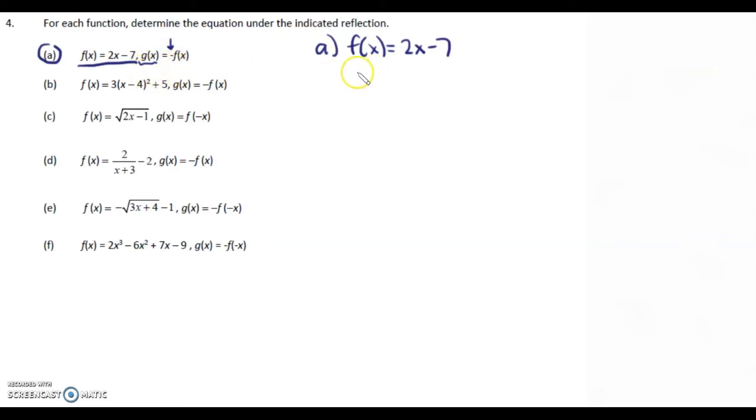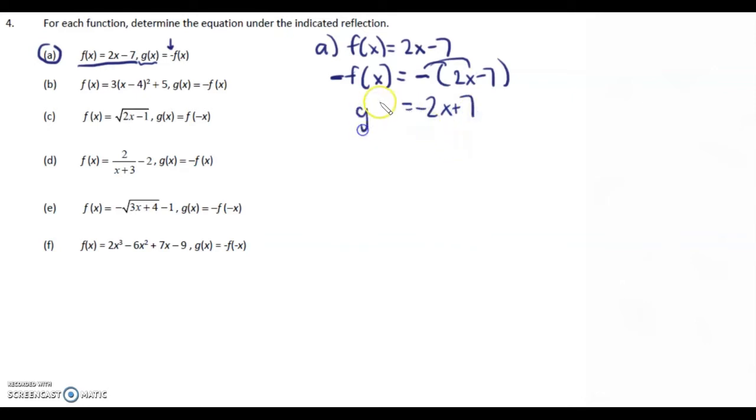So what happens here is we reflect f of x like this. So we're going to go negative and then the entire function, 2x minus 7. Distribute that in, -2x plus 7.